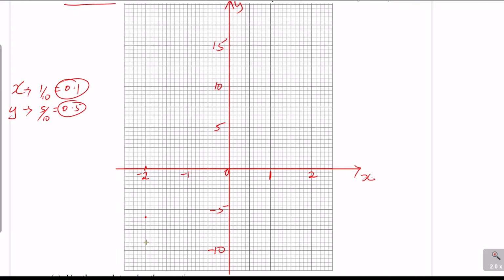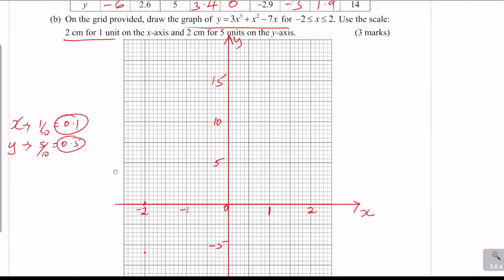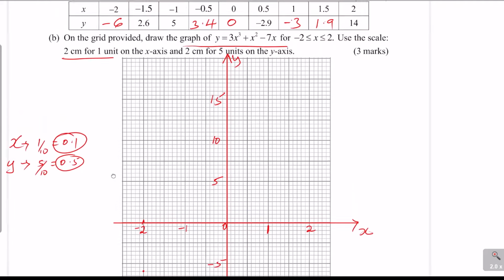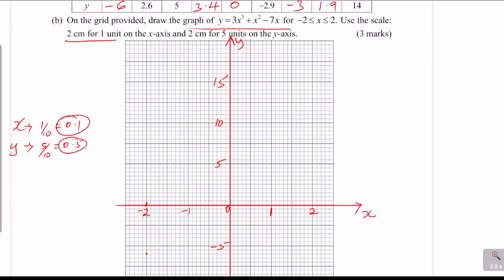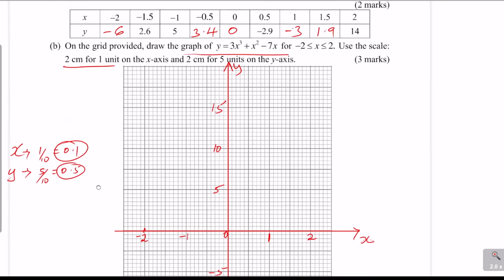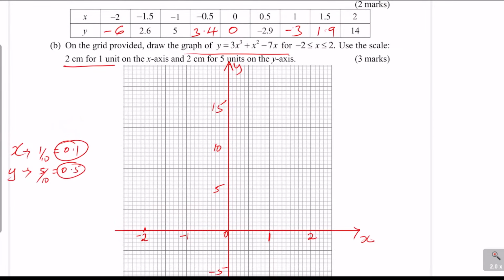And then the next one is -1.5, 2.6. So -1.5 is here. -1.5, 2.6. So 2.5 is there, 2.6 is there.